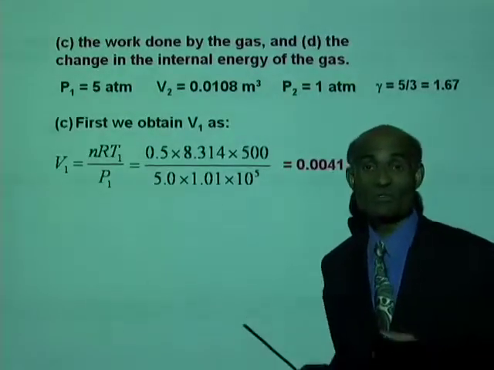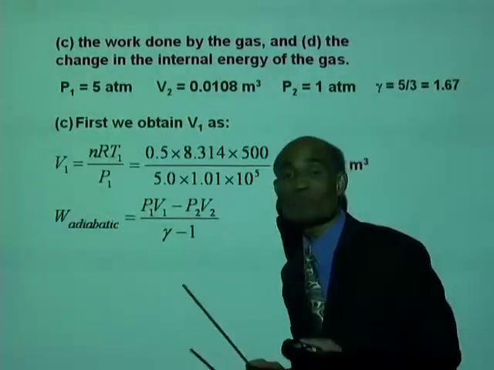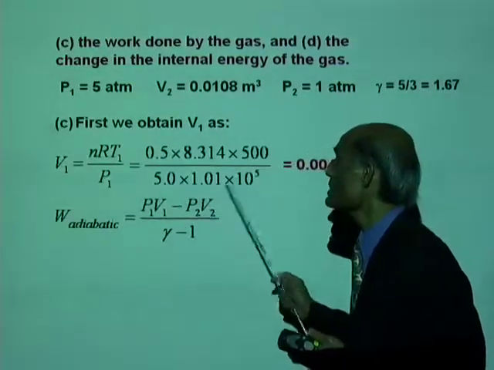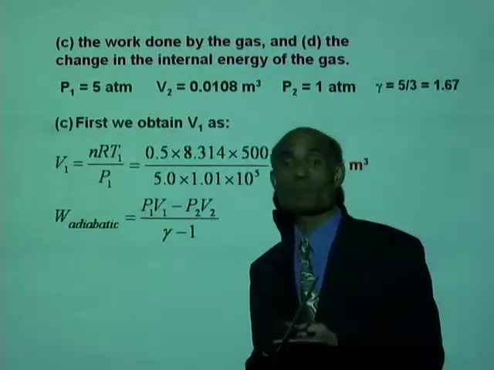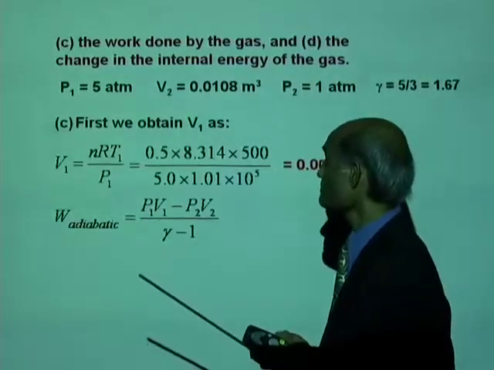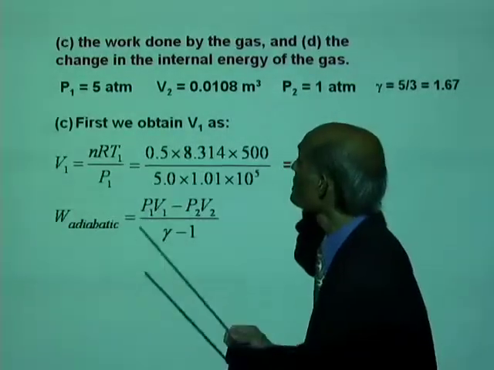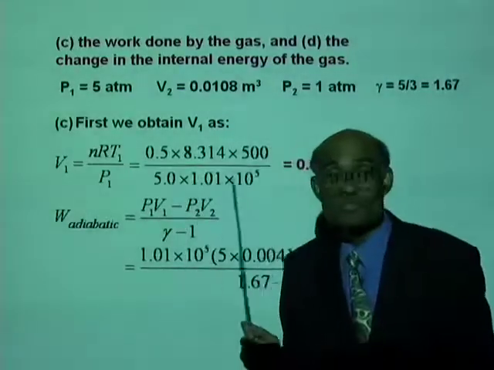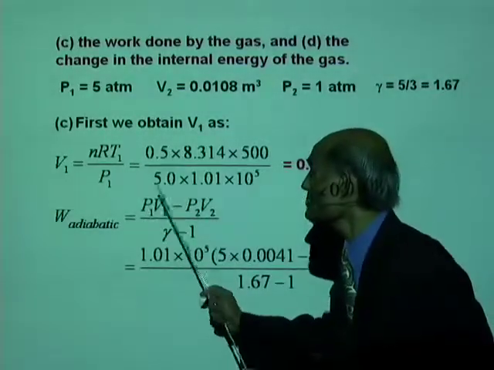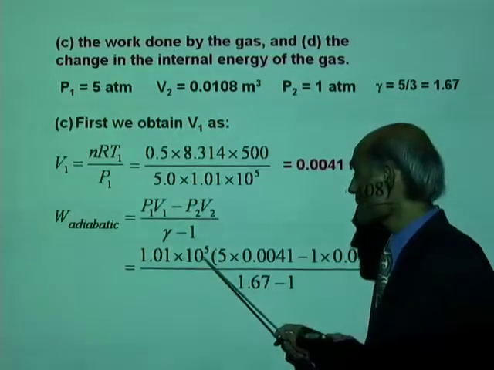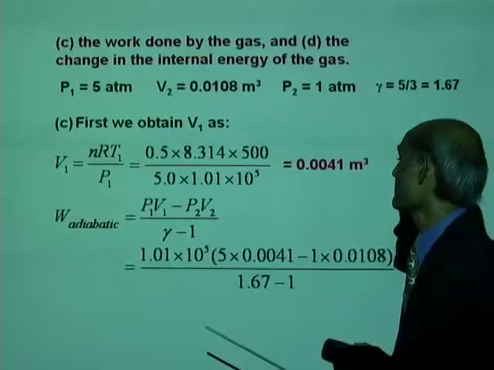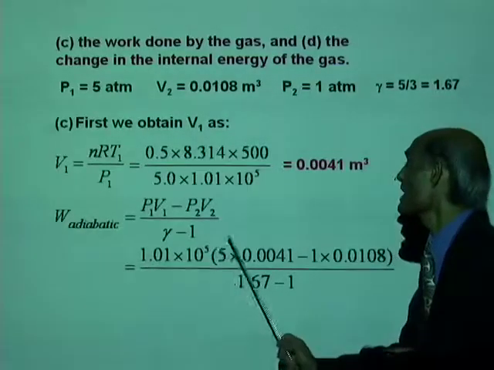Now you have P1, V1, P2, V2, and we have gamma. We can calculate the work done. Adiabatic work done is P1 V1 minus P2 V2 divided by gamma minus 1. But all we need to do is use all these values. Remember to do them in absolute units. Pressure must be in Pascal, and volume must be in meter cube. So you can see what I have done.